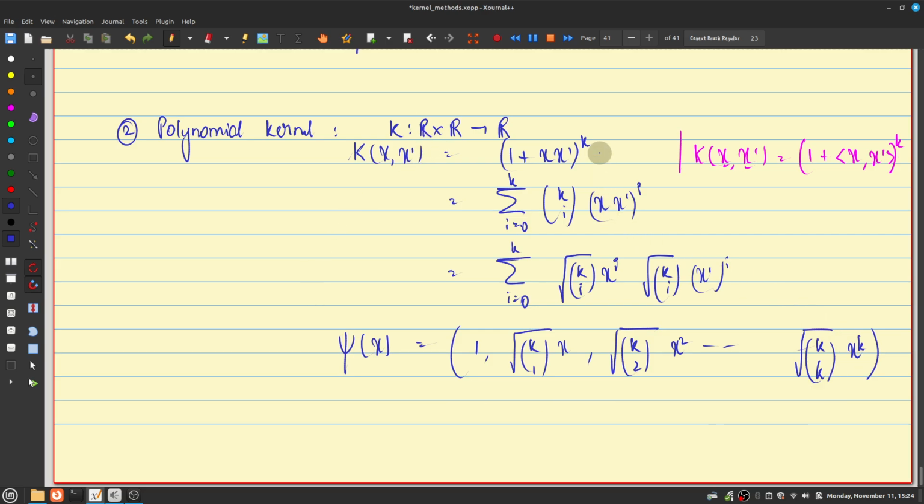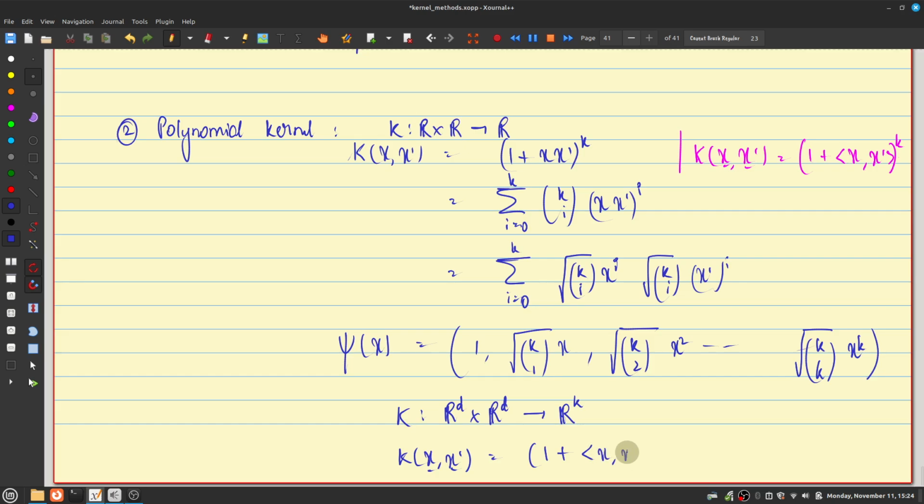In this example that we did over here, let K be a kernel from R^d cross R^d to R, and K of x, x prime is equal to, say, 1 plus the inner product between x and x prime, whole to the power p for some positive integer p.